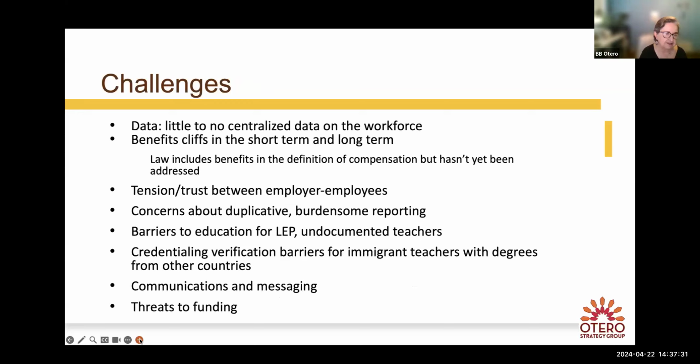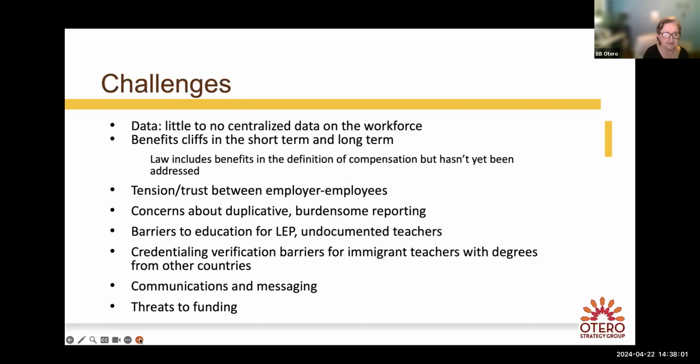Challenges. The challenges: data. If you don't have a registry or a centralized way of understanding where your workforce is, catching up to that has been really, really difficult. And we still don't necessarily have that. So we're populating a system right now and having providers and individual educators populate it so that we're able to make sure that everybody's getting the right benefits and the right compensation.